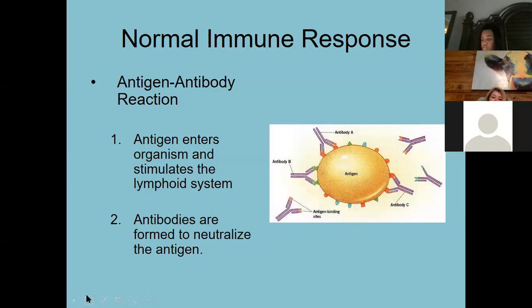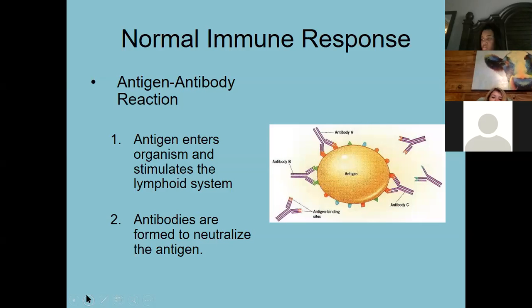So here's how it goes. An antigen enters an organism. Say, maybe I breathe in the chickenpox virus, and your body will recognize, hey, there's something here that shouldn't be here.